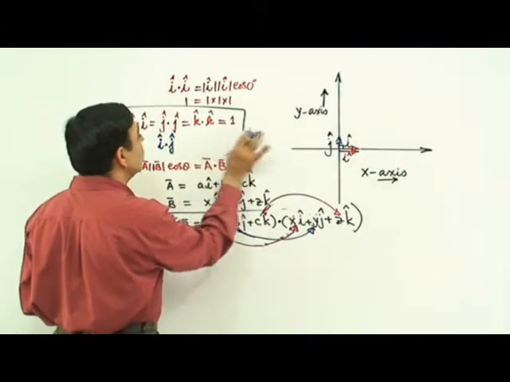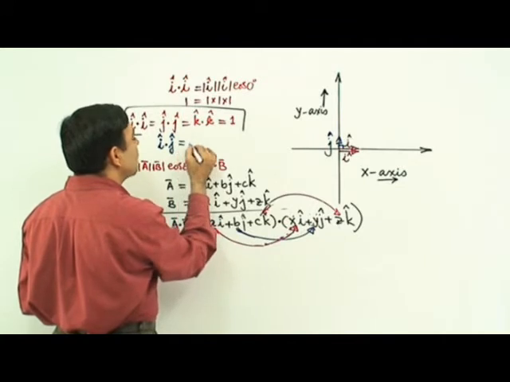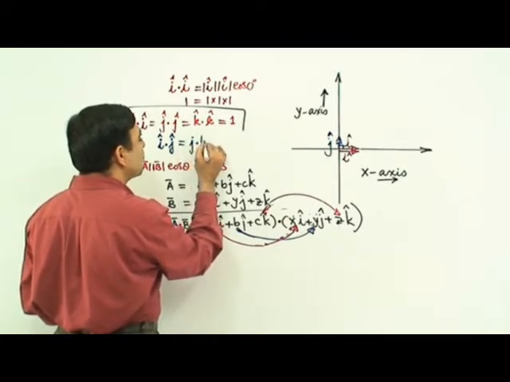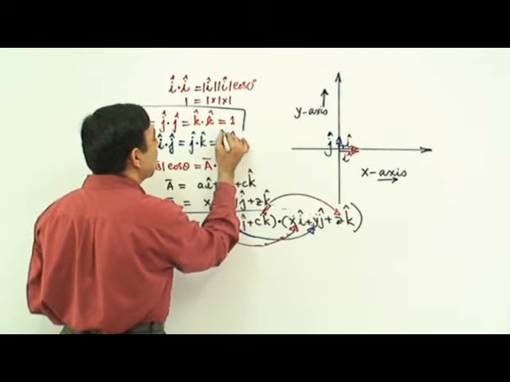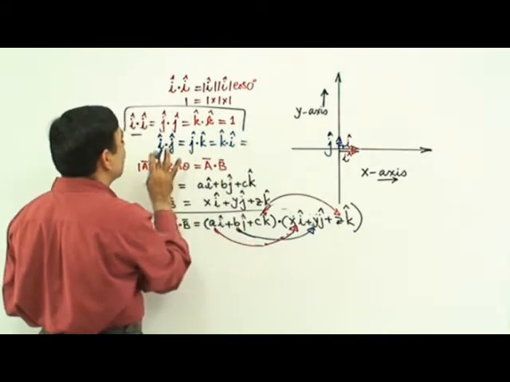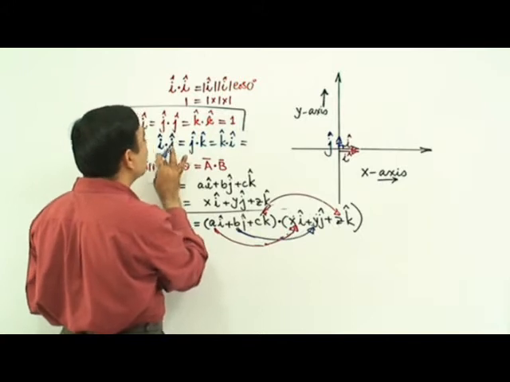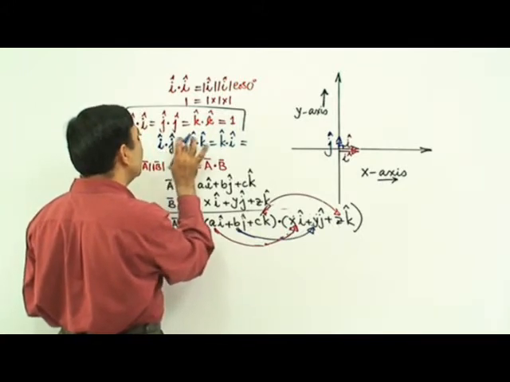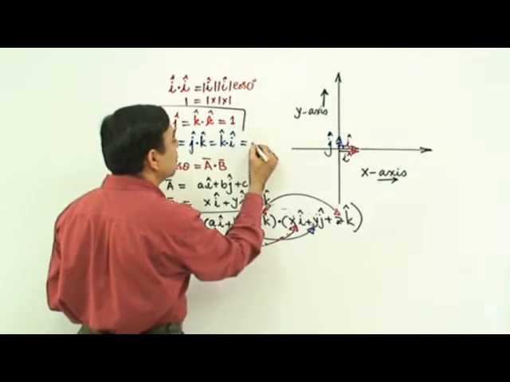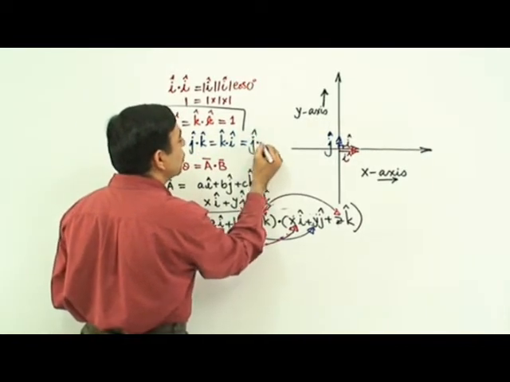Cos 90 is 0. So all these terms, i dot j, j dot k, k dot i, and the reverse of these, are 0. i dot j means even j dot i; we know very well that A dot B is B dot A, since the dot product or scalar product is commutative. So i dot j can also be written as j dot i, and that is 0.